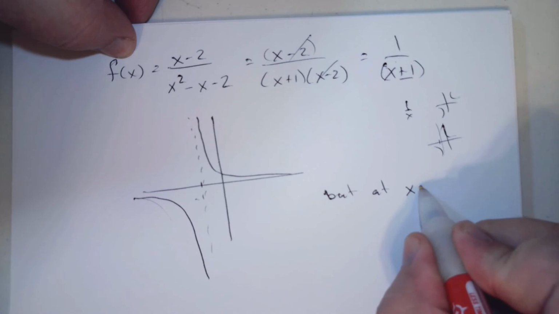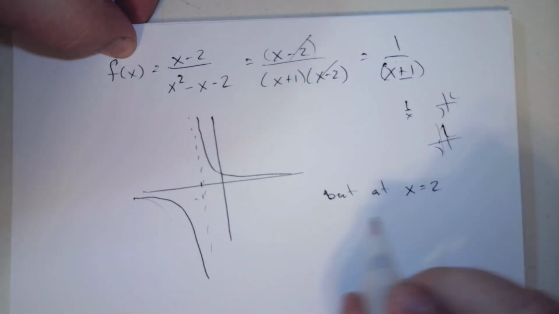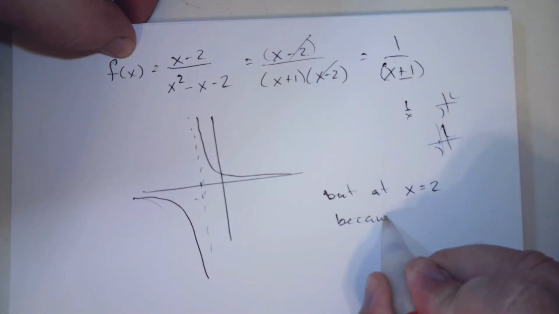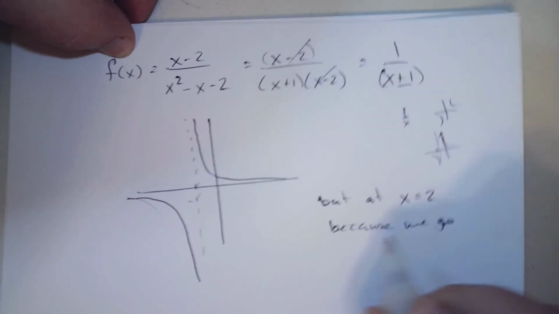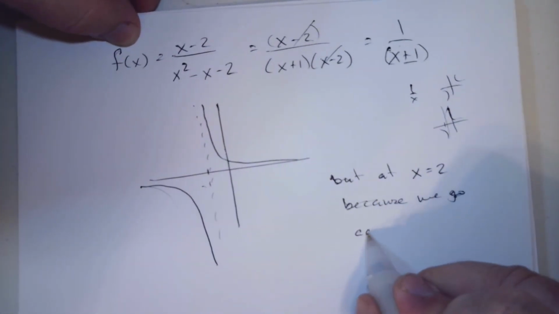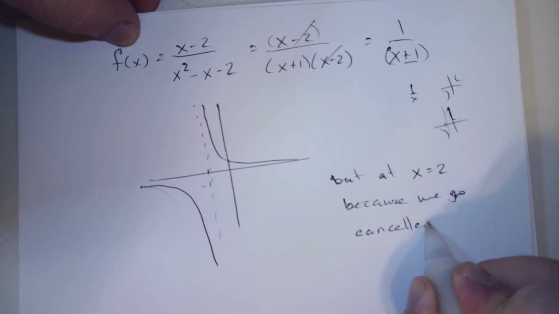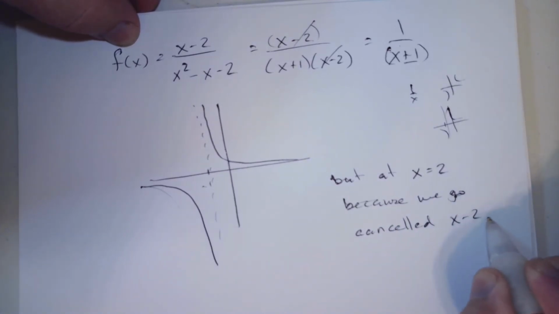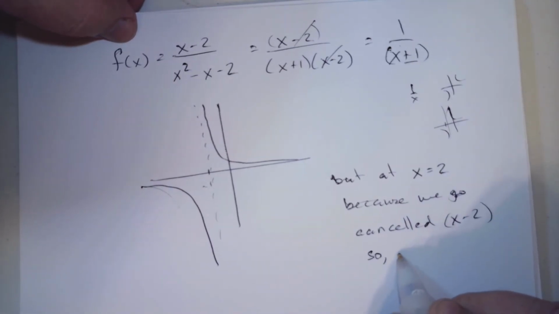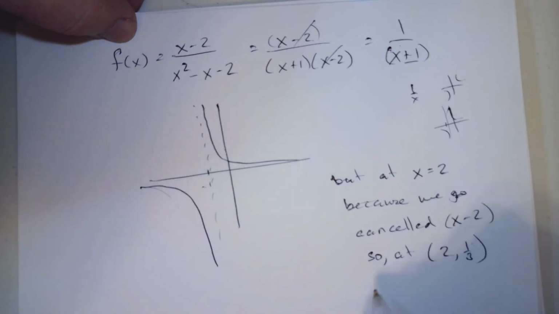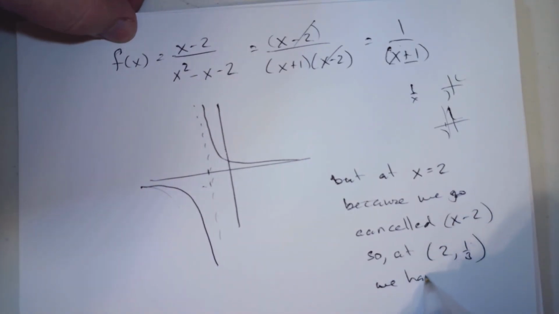At x equals 2, we canceled the x minus 2's, so at 2 and 1/3, we have a hole.